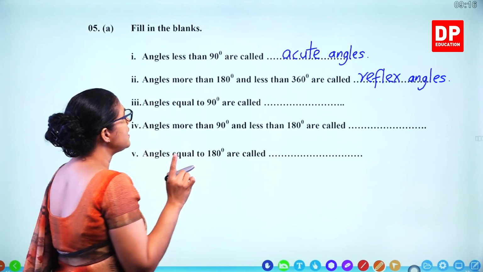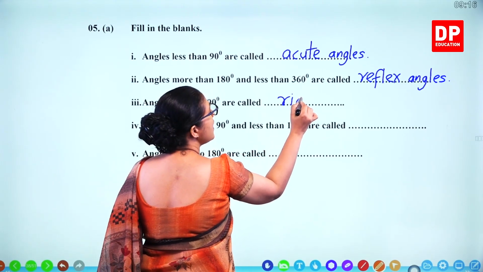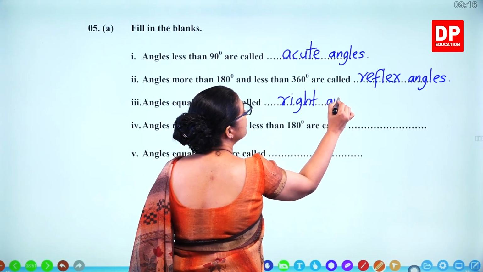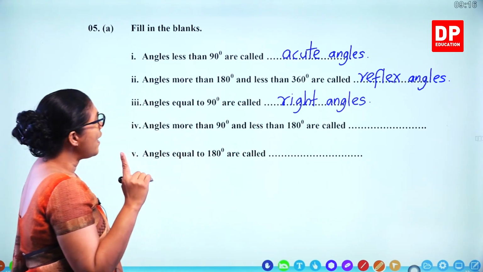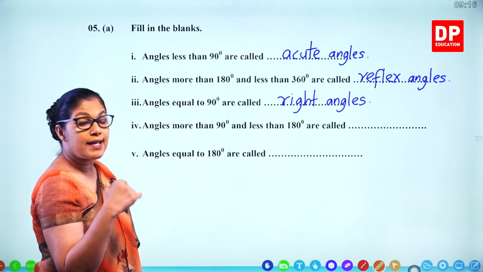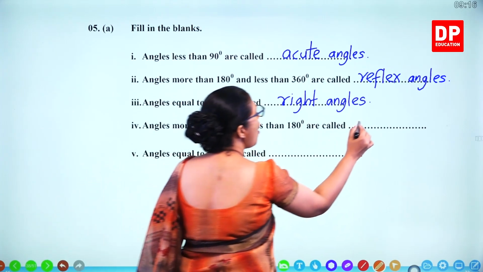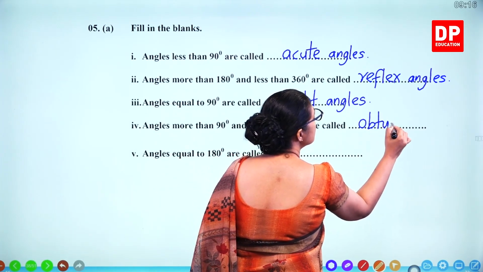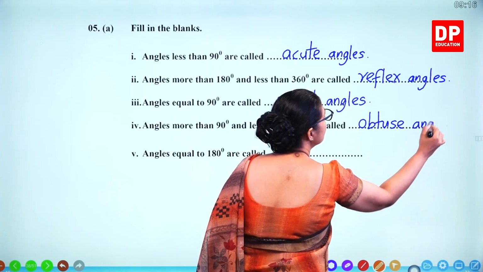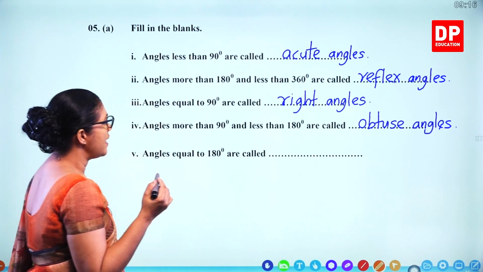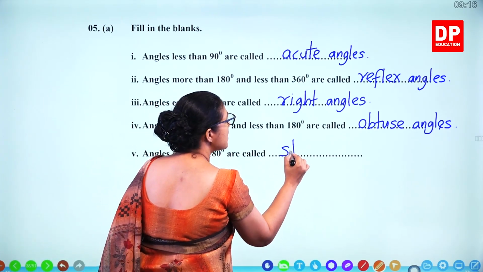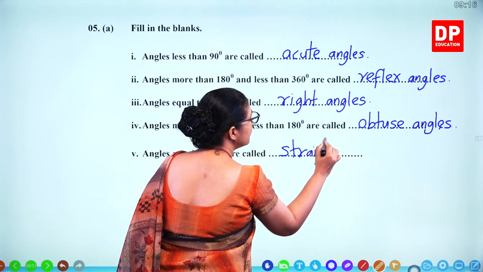Angles equal to 90. Right angles. Angles more than 90 and less than 180 we call obtuse angles. Angles equal to 180 we call straight angles.